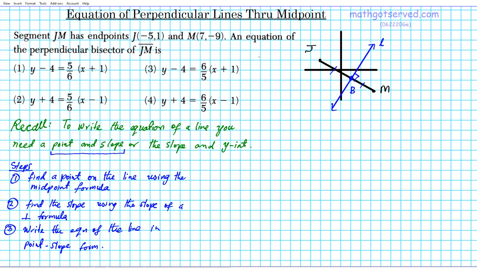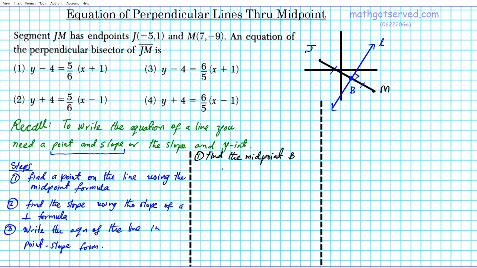Now, what we're going to do first, let's break up our workspace. We're going to start with part one, which is to find the midpoint. In this particular example, we just said let's call the midpoint B, just an arbitrary letter.